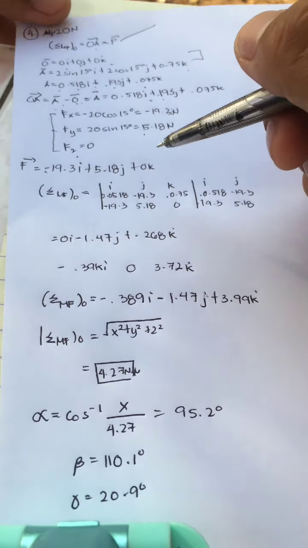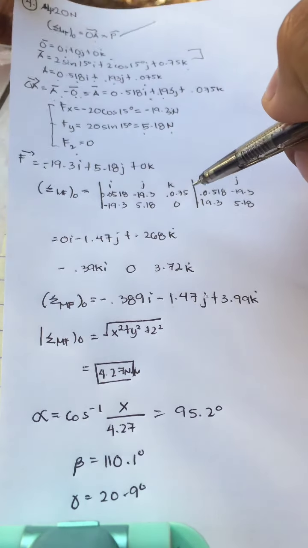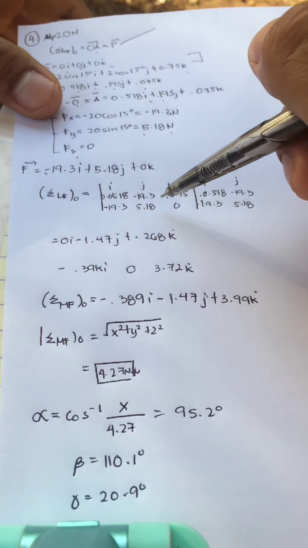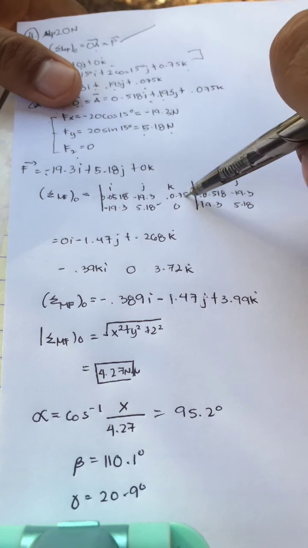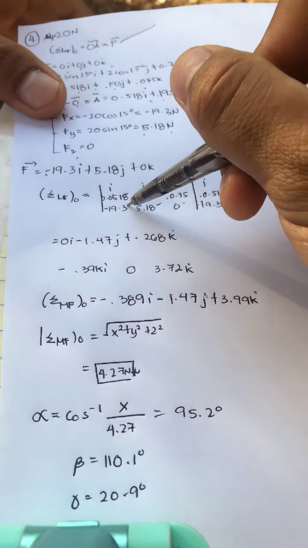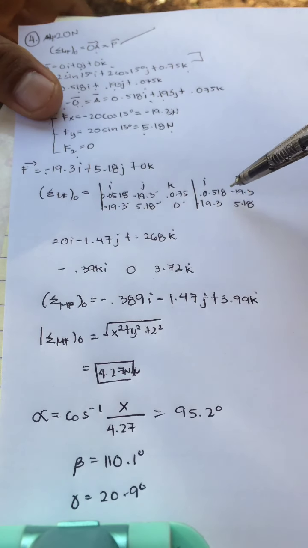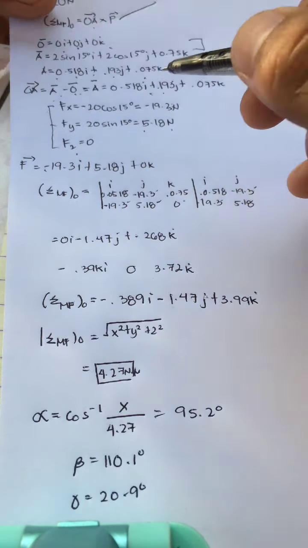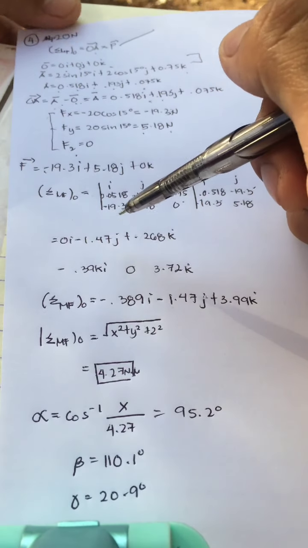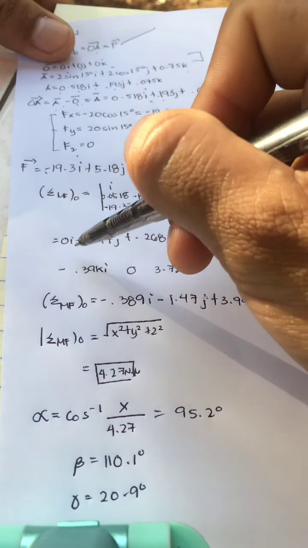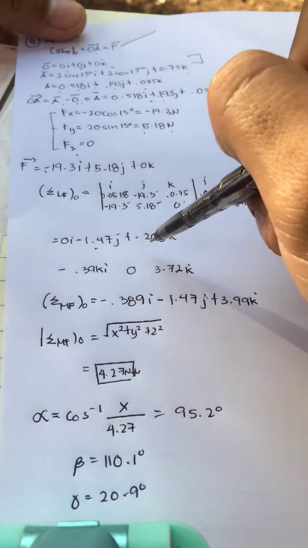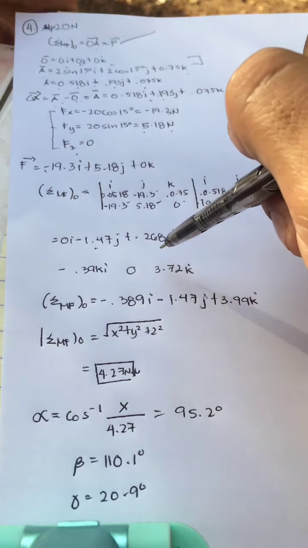So what we do first is the positive diagonals, which is this. Next is the negative diagonals. So this is equal to 0i minus 1.47j plus 0.268k.